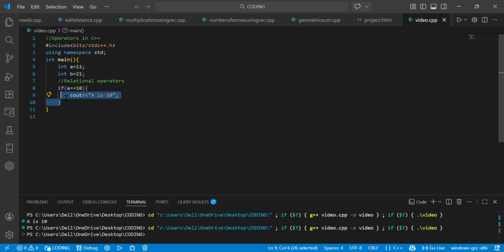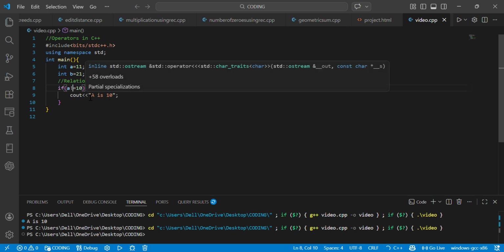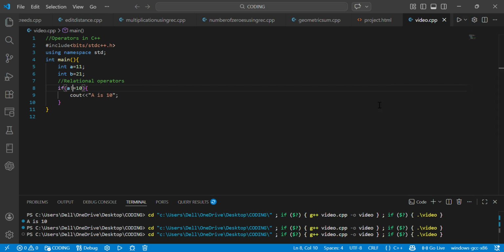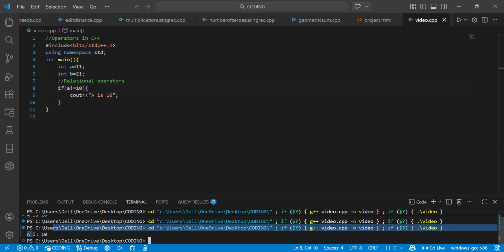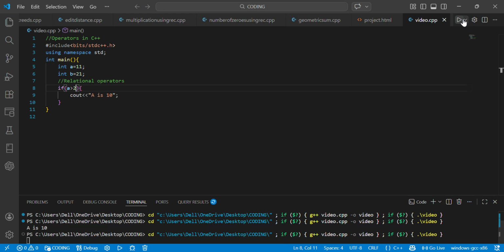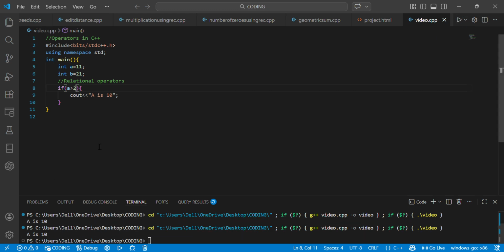So the another is, it is equal to operator, another is not equal to. If a not equal to 10, then it will output a is 10. See, the another is greater than and less than operator. If a is greater than 2, then output a is 10. See, a is 10.